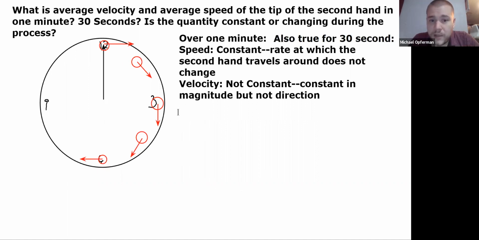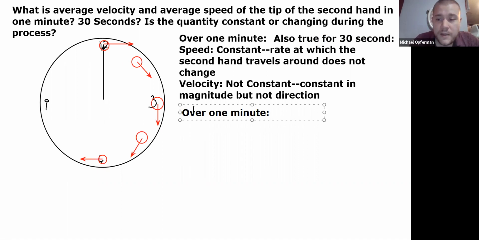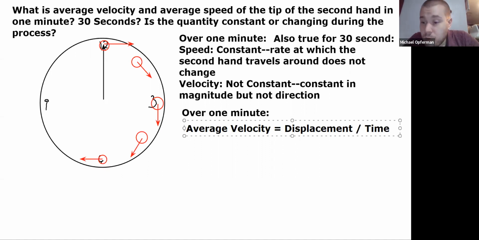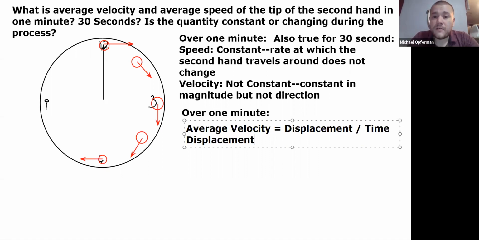All right, now what about the calculation side of things? The average velocity versus the average speed. The average velocity vector, remember, is calculated as the displacement over time, and remember, the displacement of the second hand is 0 in this case.